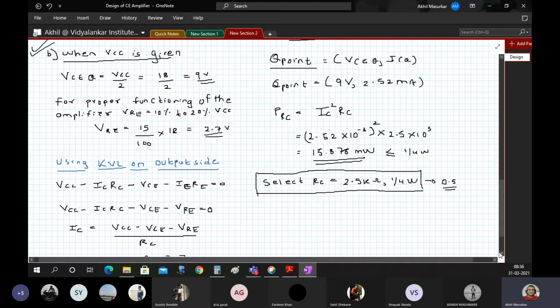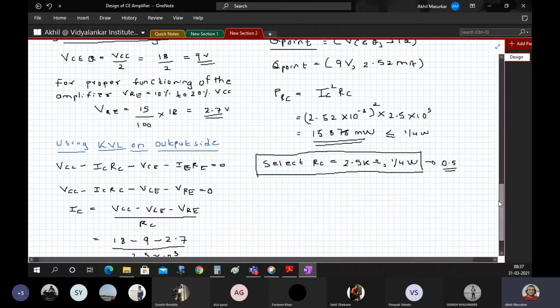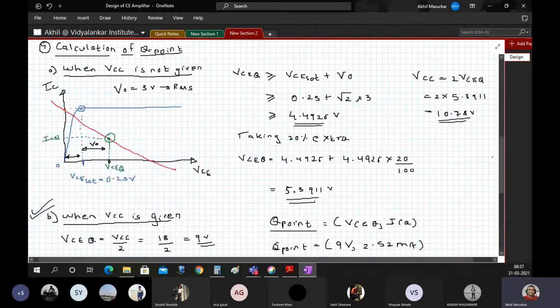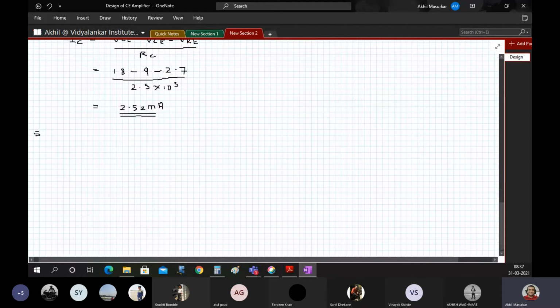Now let us go to the next part, that is calculation of RE. That is the fifth point. Here we already know that VRE is equal to IE RE.